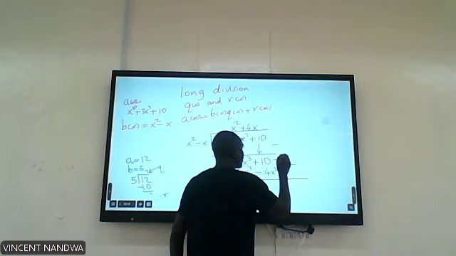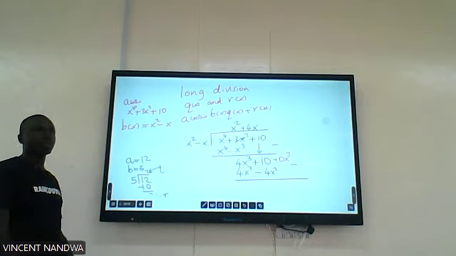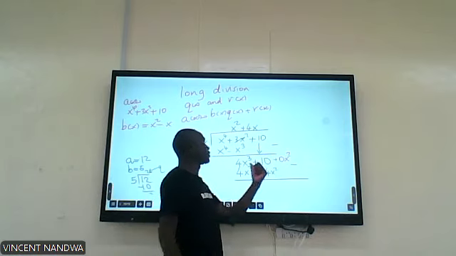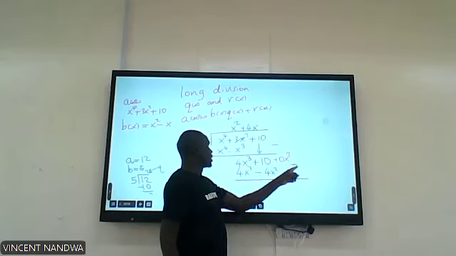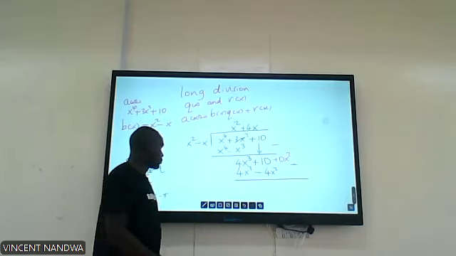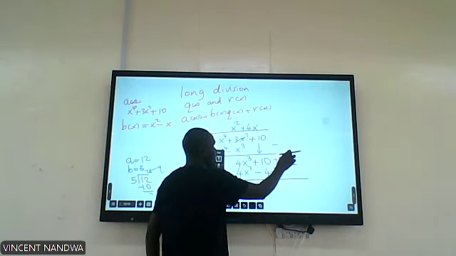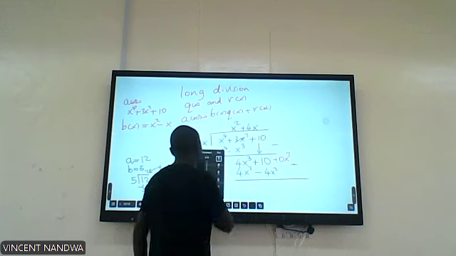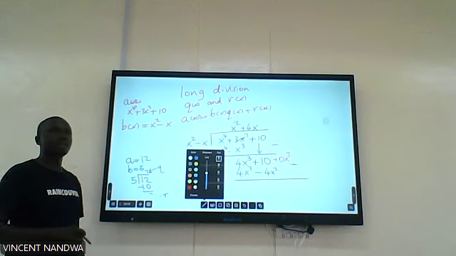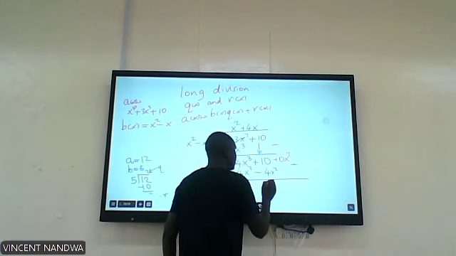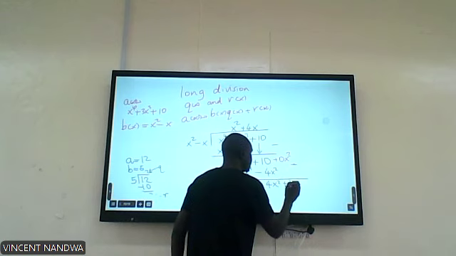I can have this as plus 0x power 2. There's no mistake by doing that. So 4x cubed minus 4x cubed, now we do away with terms with power 3. And then 0x squared minus minus 4x squared, minus is plus. So we'll have 4x power 2, then bring down the 10.